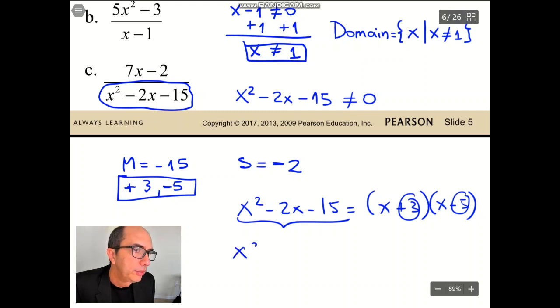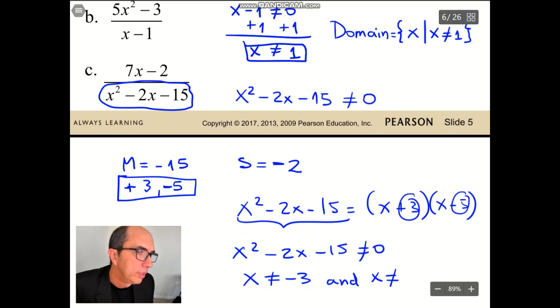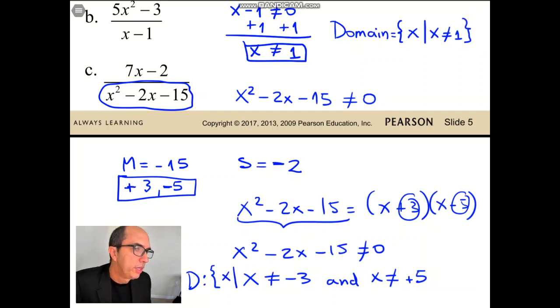Since this expression needs to be different from 0, x needs to be different from negative 3 and x also different from positive 5. The domain is going to be x such that x is different from negative 3 and x is different from positive 5.